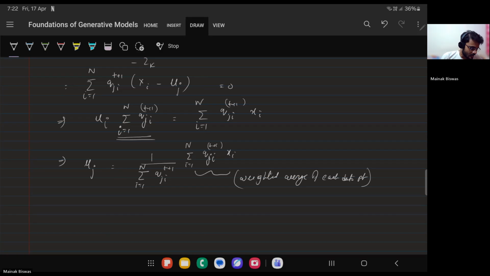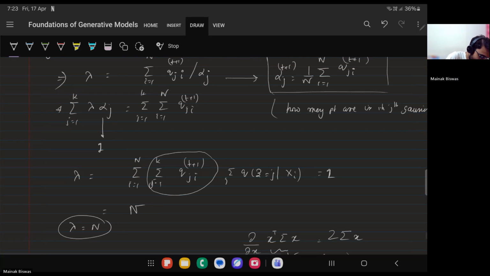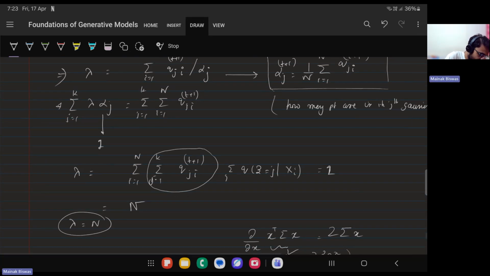Right? So now this term here we have seen to be equal to what? Lambda is equal to n.